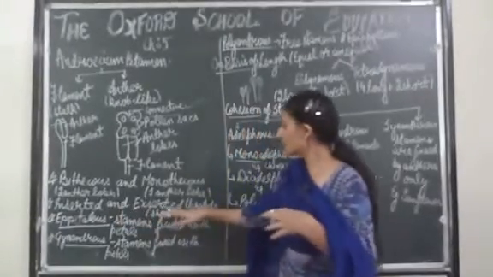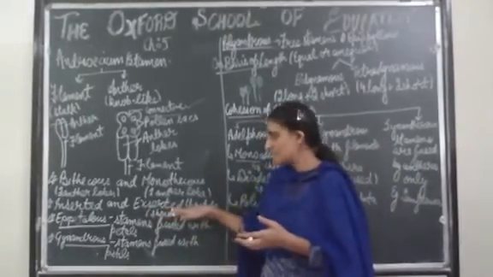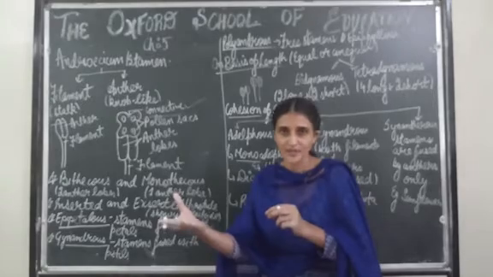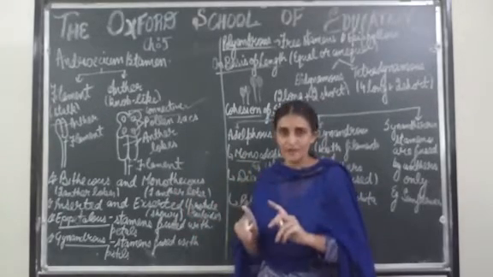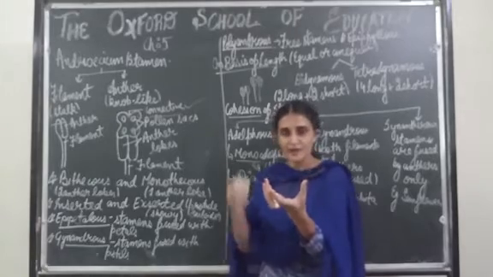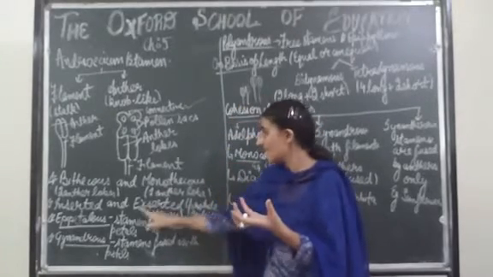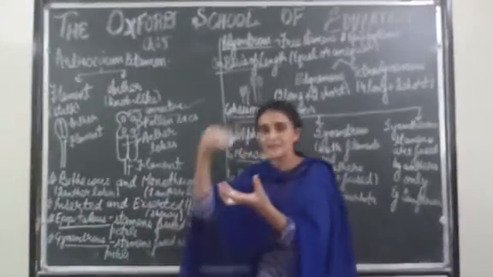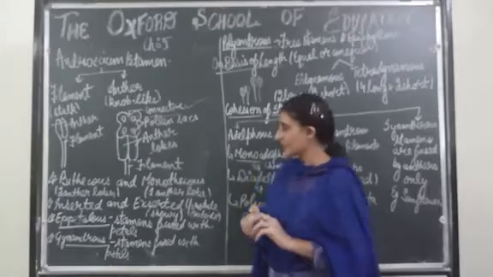Whereas in case of exerted, this is an example of China rose. Exerted means present outside or protruding outside of the flower. In case this is a flower, if anthers are coming outside, they are known as exerted. If they are present within a flower, they are known as inserted.